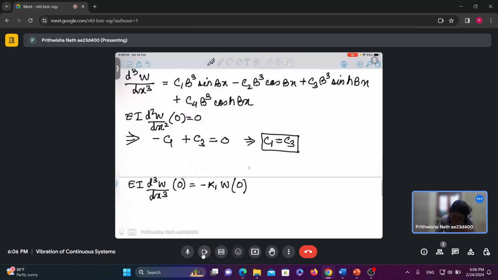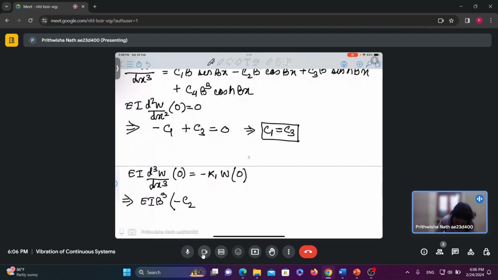So this becomes, beta cube I am taking common, EI beta cube, so this becomes minus of C2 plus C4 equals, so minus K1 I am taking on the left side, so that will become plus K1.